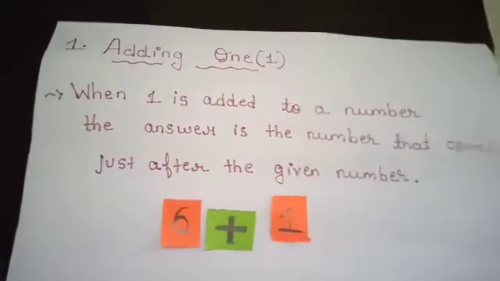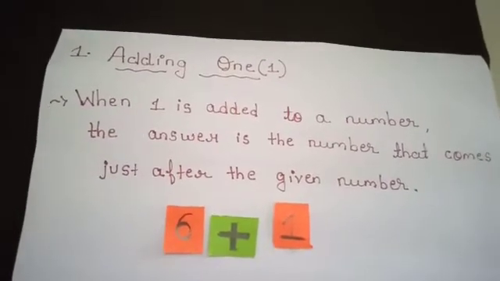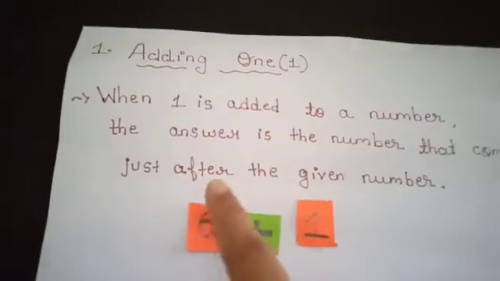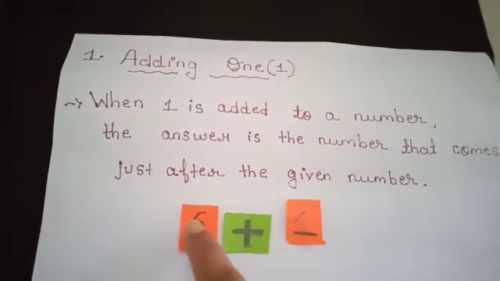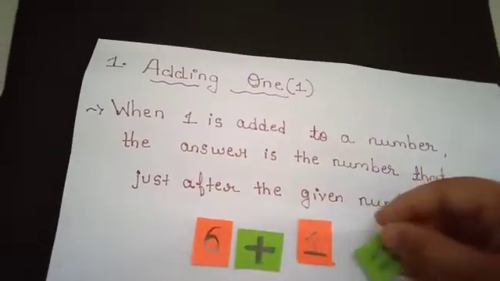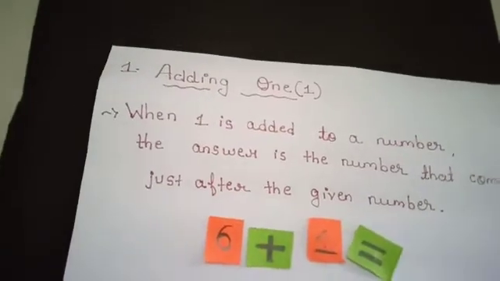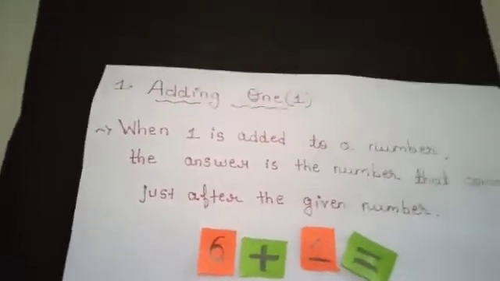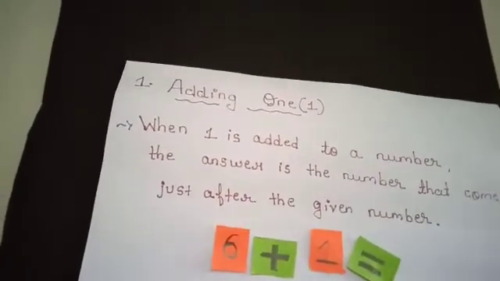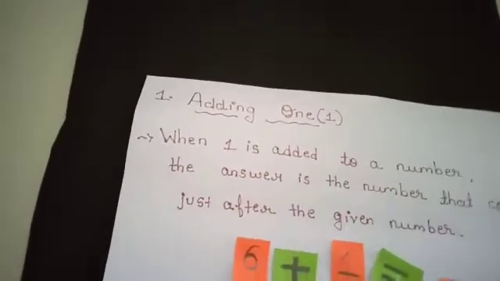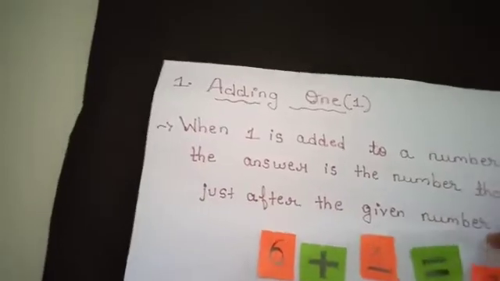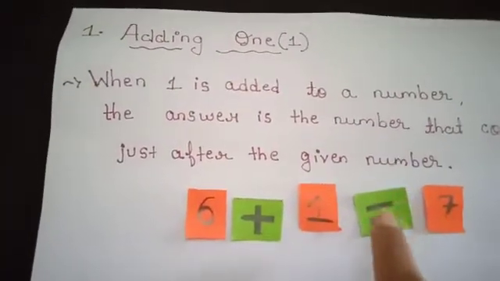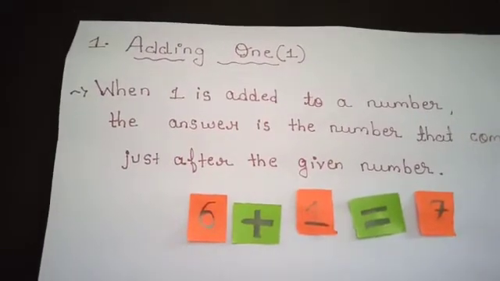The answer will be the number which comes just after the given number. What comes just after 6? Any guesses, children? After 6, what comes? 7. Very good. So, 6 plus 1 is equal to 7.